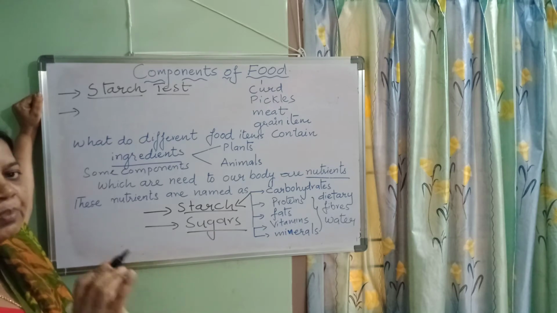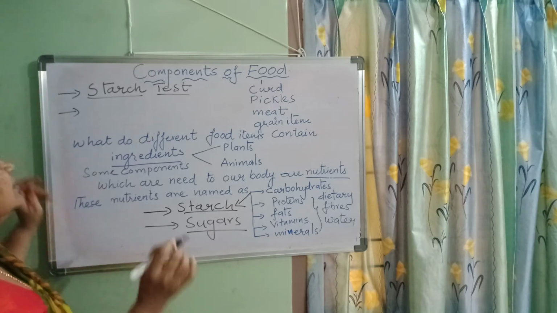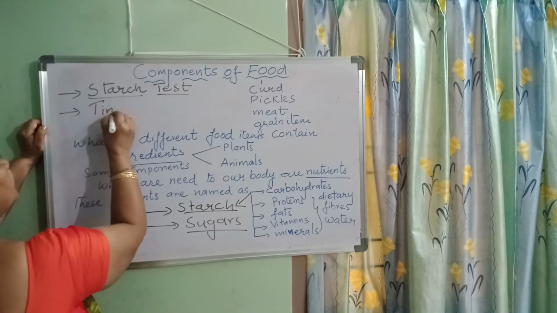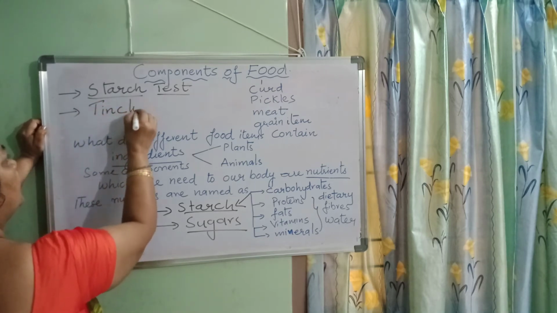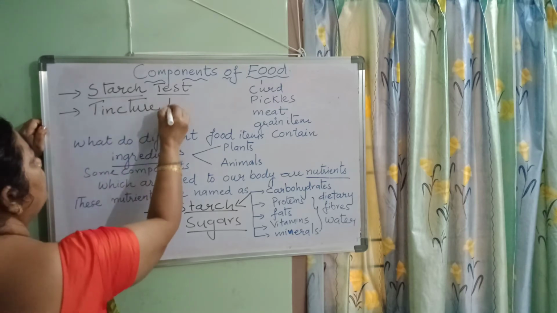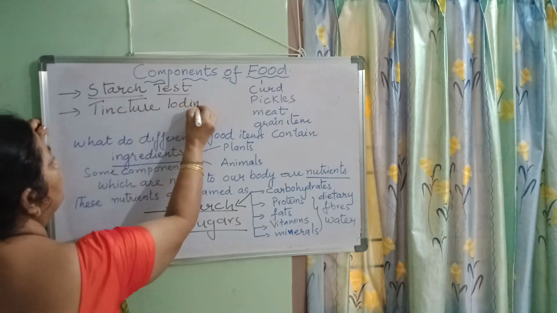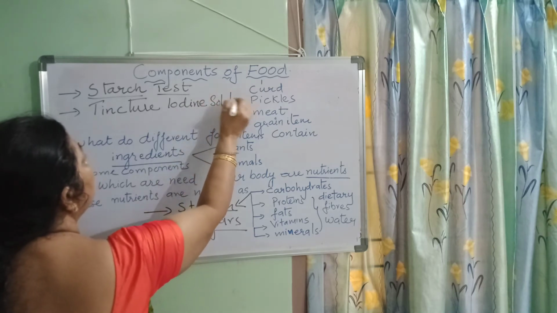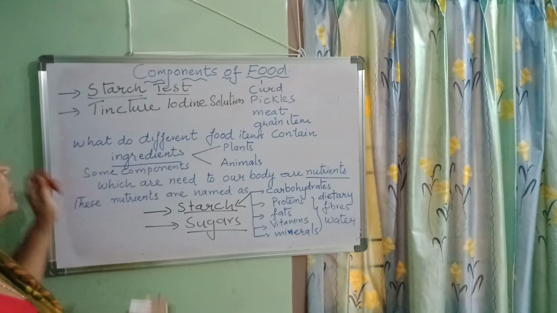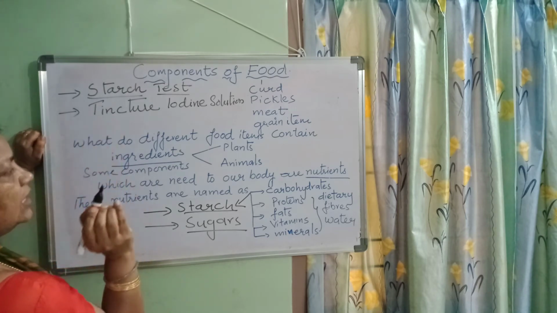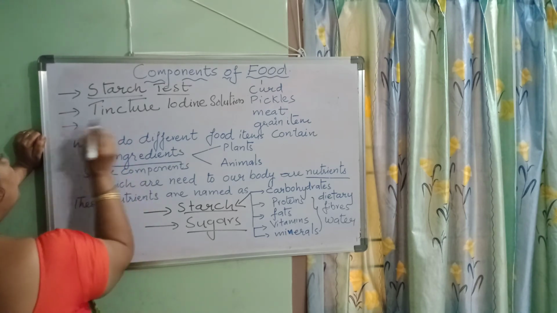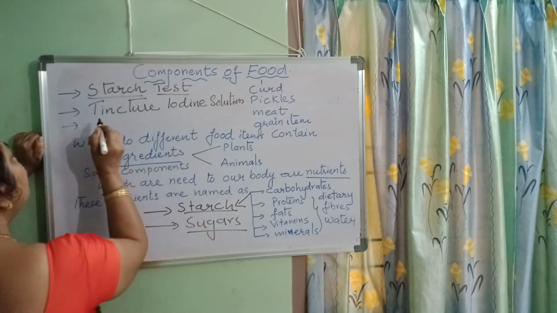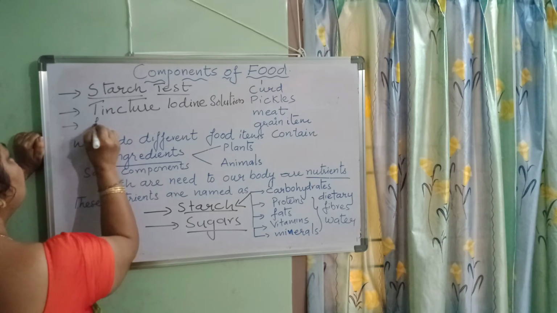First of all we have to prepare a solution, that is tincture iodine solution, a dilute solution. Iodine is mixed with water to make it dilute. Then we have to take a food item.